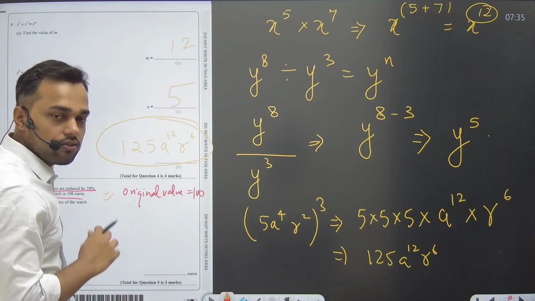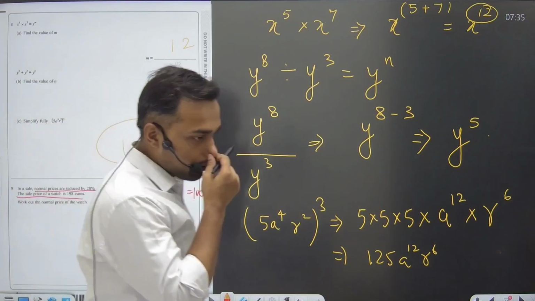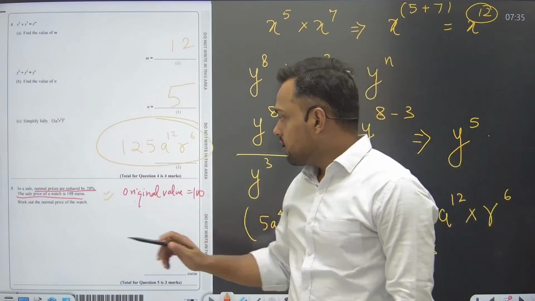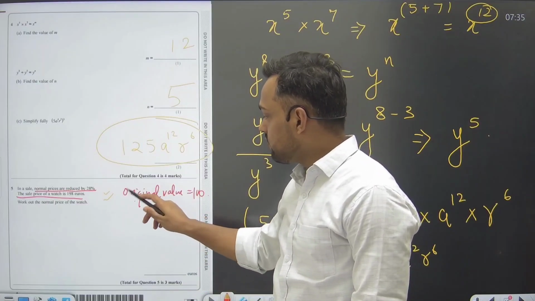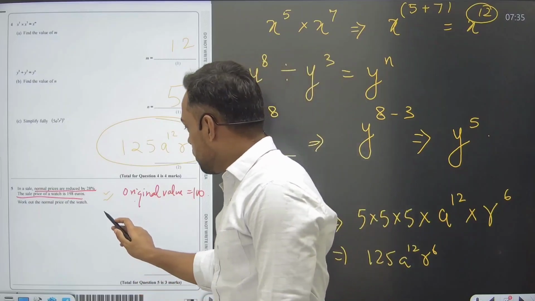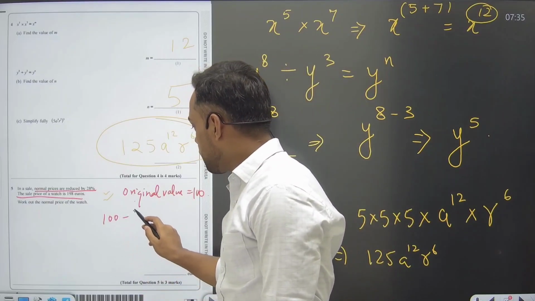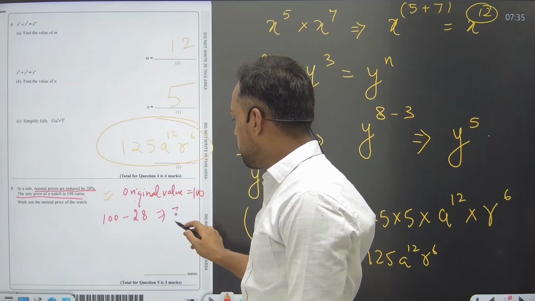This method is known as the assumption method. According to the question, it has been reduced by 28%, so reducing 100 by 28 is very easy. You just subtract 100 minus 28, which equals 72.